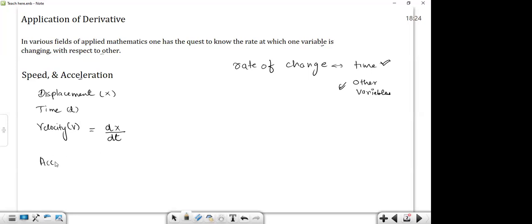And acceleration, which is represented by a, is the change in velocity with respect to time. So we can write it further as v is dx by dt, and acceleration is the second order derivative of x with respect to t. These are some general, very basic understandings.